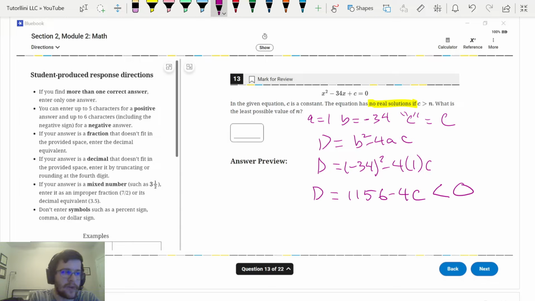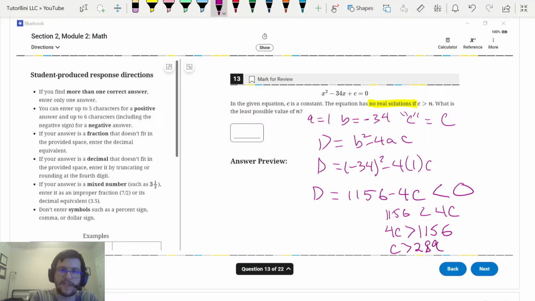And now we're going to get 4C. I'm going to move 4C to the other side. So add 4C. Now I'm going to flip it to get C on the left. So 4C is greater than 1156. Now I'm going to divide both sides by 4, and we get C is greater than 289.